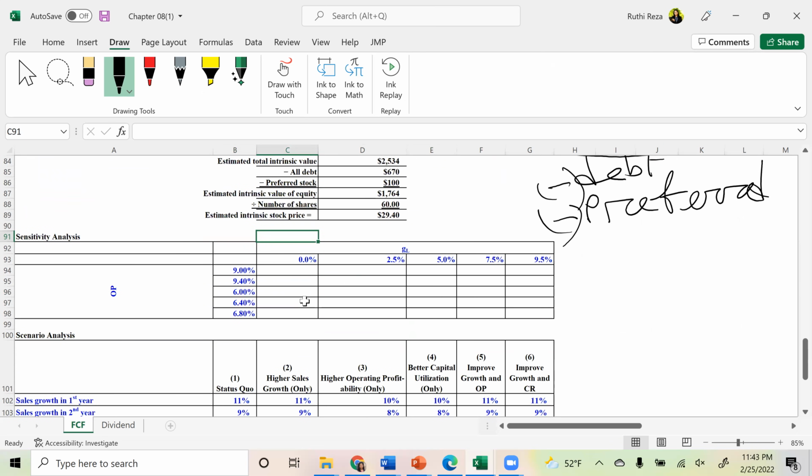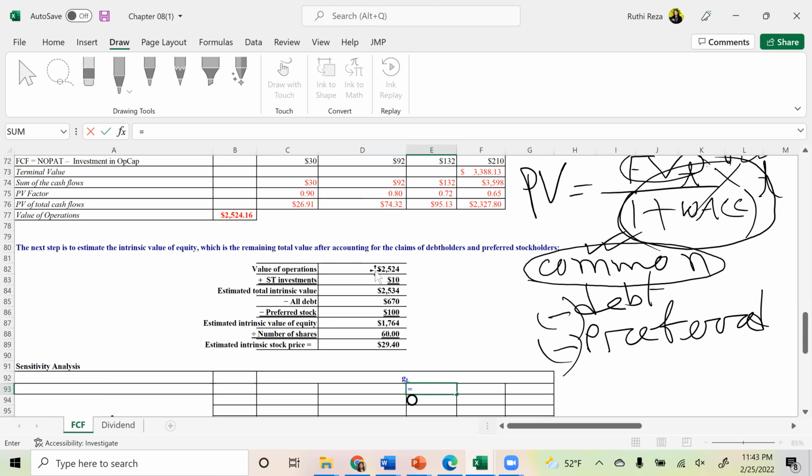Now we are gonna estimate the sensitivity of this stock price to long-term growth rate and then operating profitability. To do so, first of all, let us first copy our base rate.